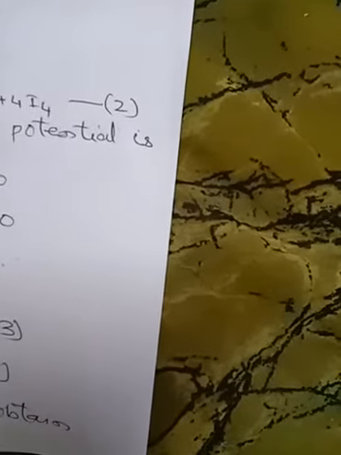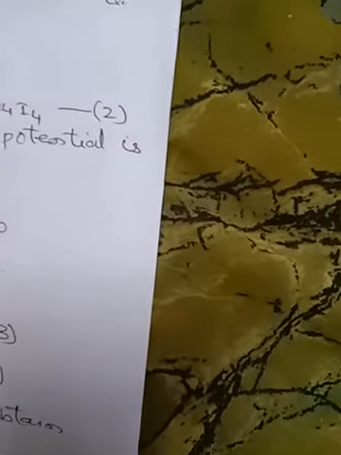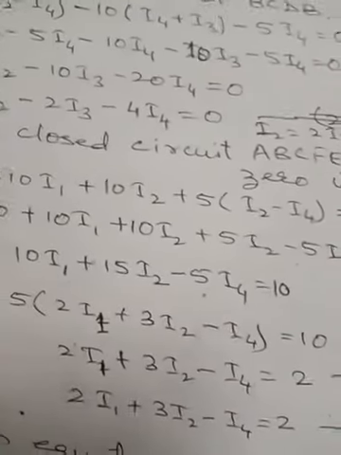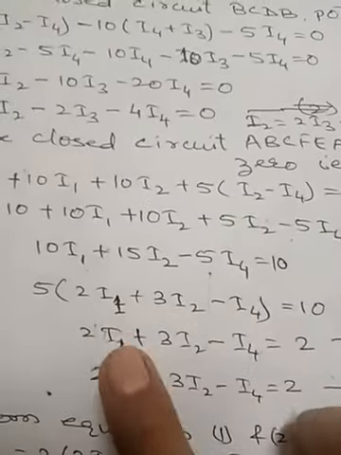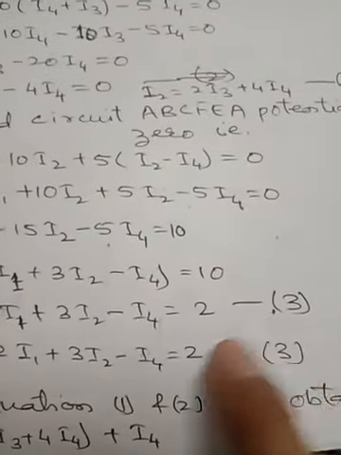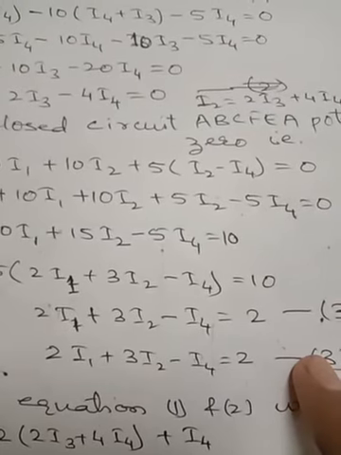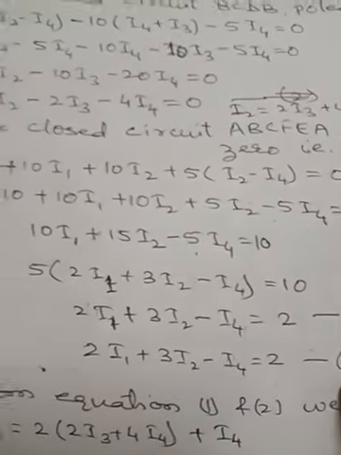So here the potential will be taken as minus of 10 plus 10 I1 plus 10 I2 plus of 5 I2 minus I4 is equal to 0. If you open this bracket and simplify this, simplifying again, here we'll take common 5, and this is the equation number 3. 2I1 plus 3I2 minus I4 is equal to 2.